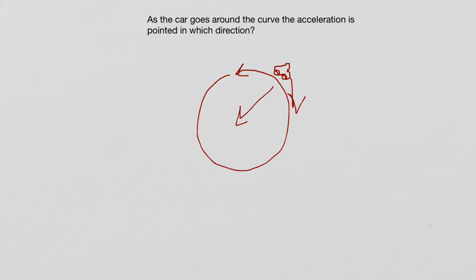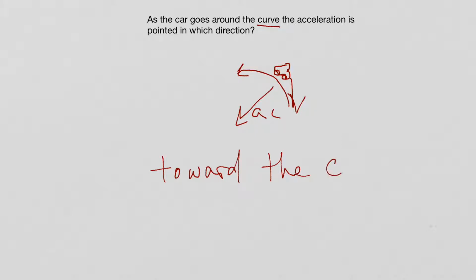And the actual question said it was just a curve, so we can actually get rid of most of this circle and just talk about the curve. But the acceleration is still going toward the center of the curve. So that's how we would write it. Just say toward the center of the circular curve.